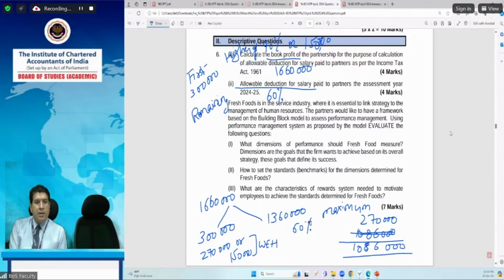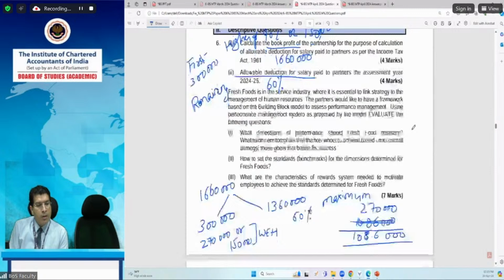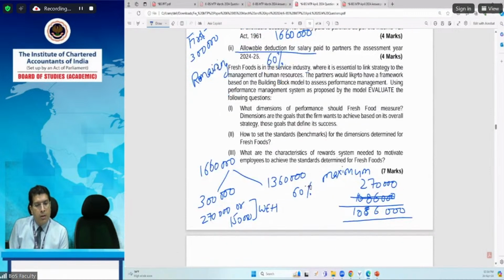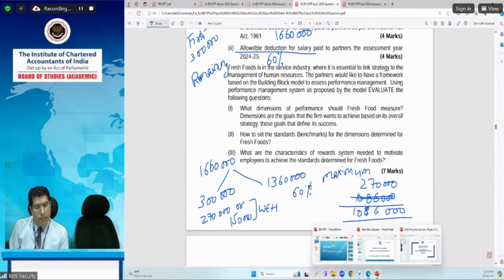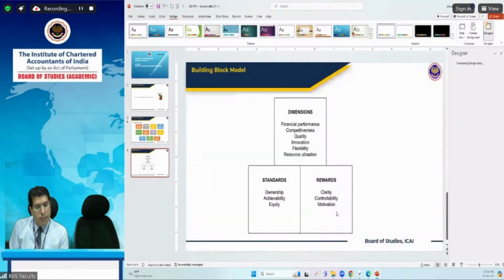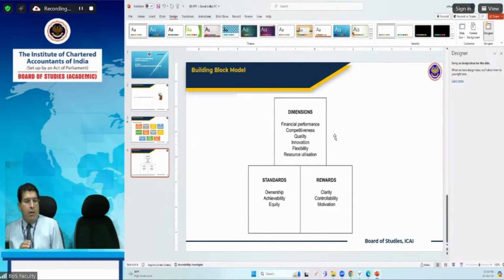Students, this part is based on the building block model. Before starting this building block model solution, I will discuss with you about the building block model.